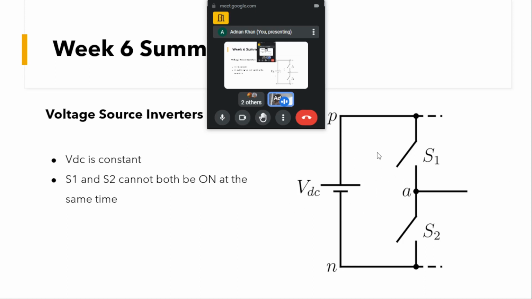So now we have this VDC voltage and this switching network. Let us consider what will happen if I turn on S1 and S2 is turned off.